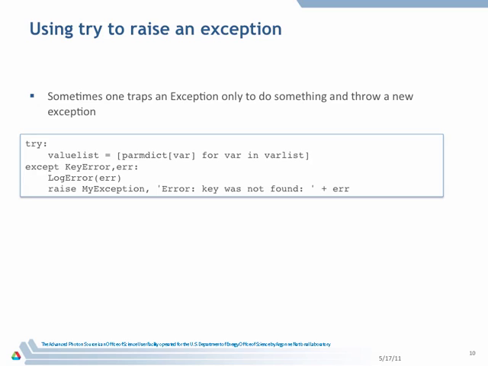All right, so in some cases you'll actually trap a particular exception and then raise something different. So my previous example, I am anticipating that I might get a key error. So in this little bit of code here, I anticipate that I might get this key error.